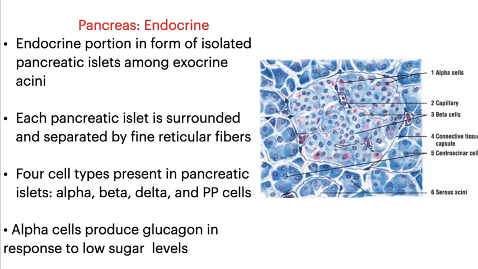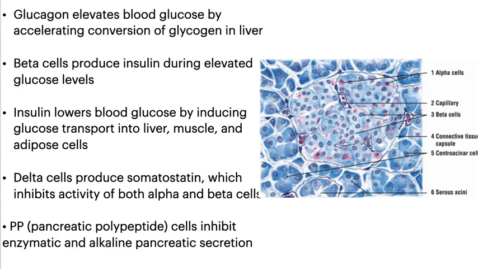Coming to the endocrine part of the pancreas, it is formed of isolated pancreatic islets surrounded by fine reticular fibers. There are 4 types of cells present over here: the alpha, beta, delta, and the PP cells. Alpha cells produce glucagon in response to low sugar levels. Glucagon elevates blood glucose by accelerating conversion of glycogen in the liver.